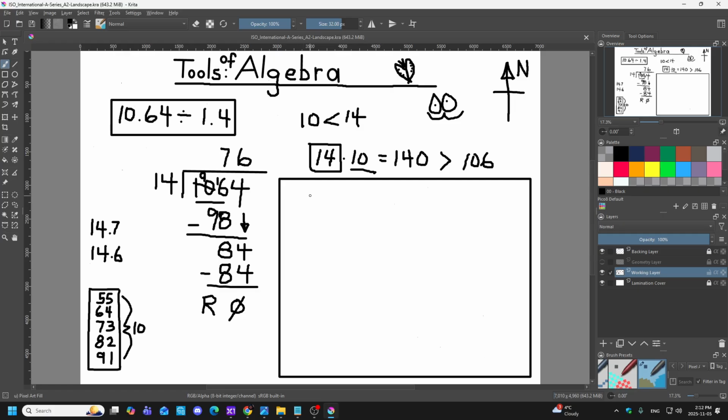Okay, I am going to write this in fractional form.